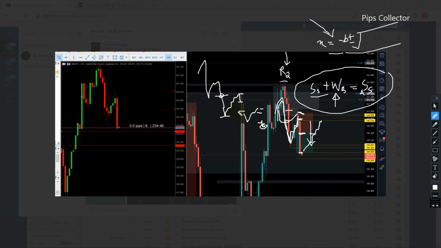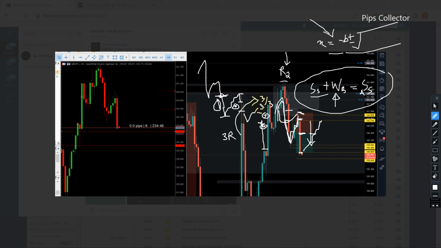Because mathematically, entering one position from here to here is 1, entering another position from here to here is 2, entering another position from here to here is 3. But for you to have 3 over 3 means that you need to wait for all criteria to be met. But entering from here, even if it drops to this point, you need to make 3R for you to equate mathematically to this 3 over 3.